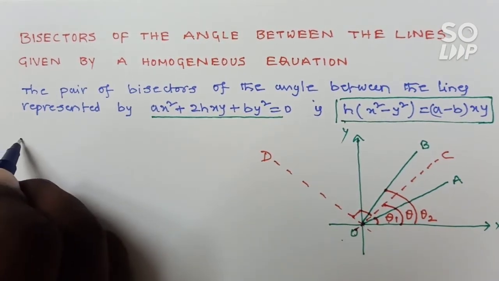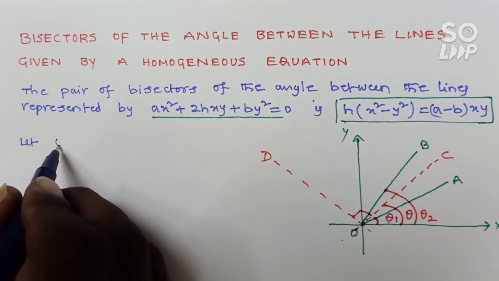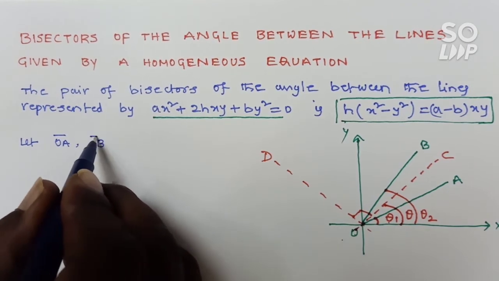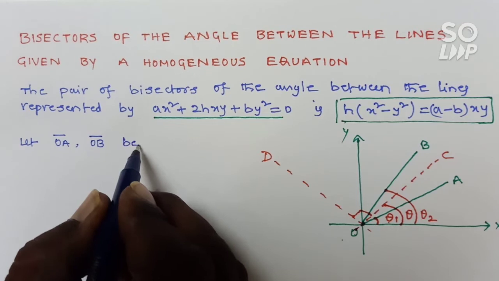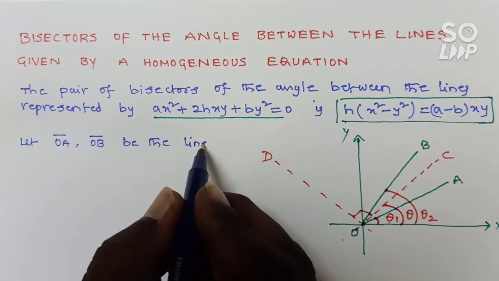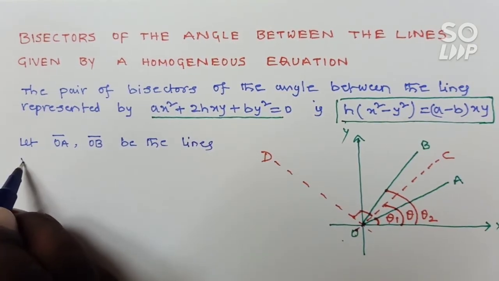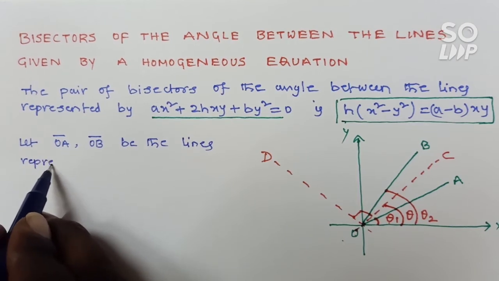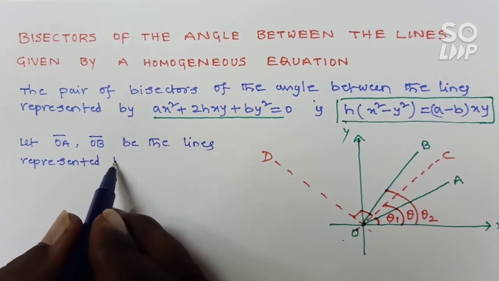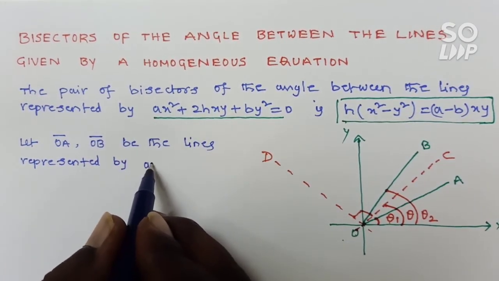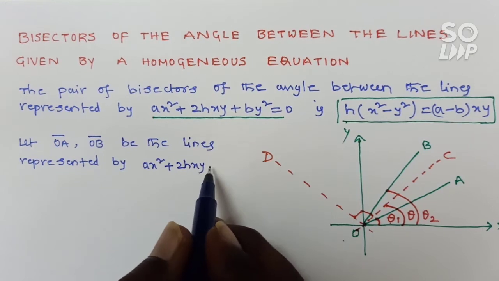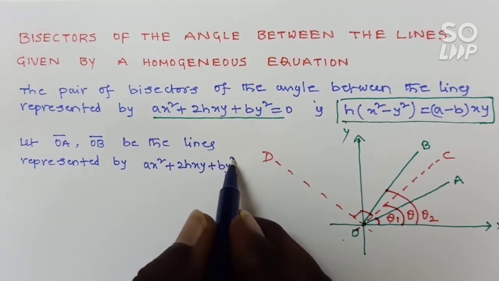Let OA, OB be the lines represented by ax square plus 2hxy plus by square is equal to 0.